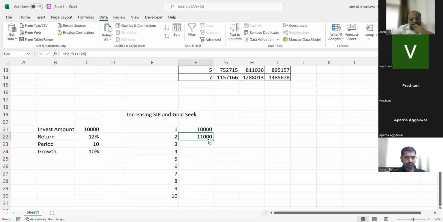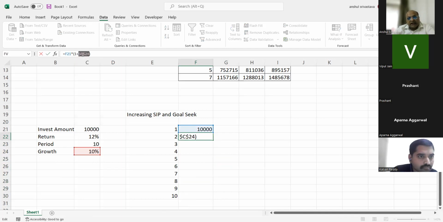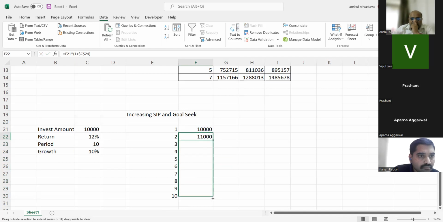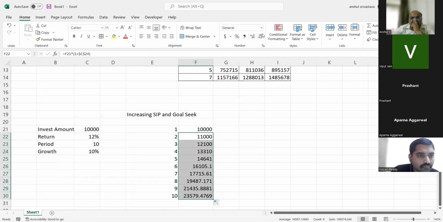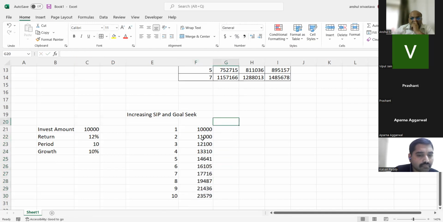Sorry, my mistake, I forgot to fix the rate. Every year it is going to increase by 10%, so we have to fix the rate. So these will be the SIPs. Every year there will be different SIPs: the first 10,000 for 12 months, then 11,000 for 12 months, 12,100 for 12 months, 13,310 for 12 months, and so on.